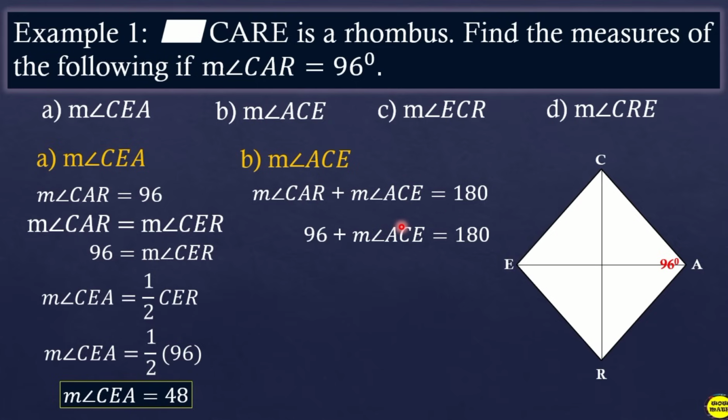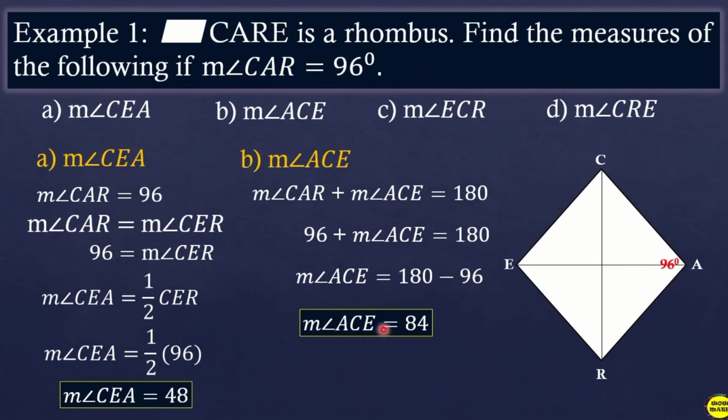So, we have, given na yung CAR natin, which is 96, plus the measure of angle ACE is equal to 180. So, we will transpose 180 magiging minus 96. So, the measure of angle ACE is equal to 84. Okay? So, let's check kasi dapat itong measure nito at measure ng angle nito dapat 180.